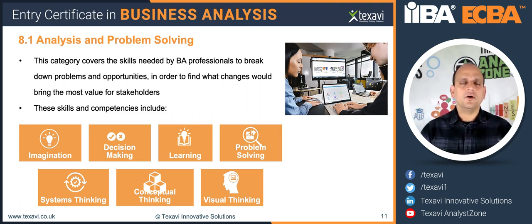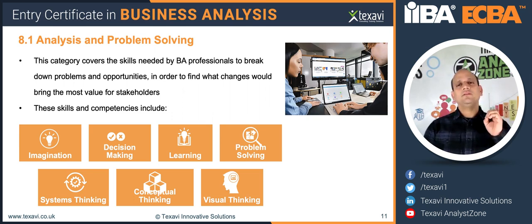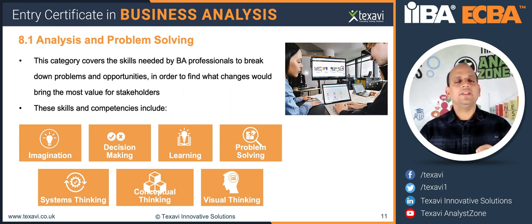A stakeholder could be internal or external. So how are we going to bring potential value to them? How are we going to address those problems that they've been facing? How can we simplify things for them? How can we remove the pain areas? How can we address the challenges that they're facing? And how can we make things simple for them so that their life becomes easier, their work becomes simpler, and the tasks are done quicker? So that's the whole idea.